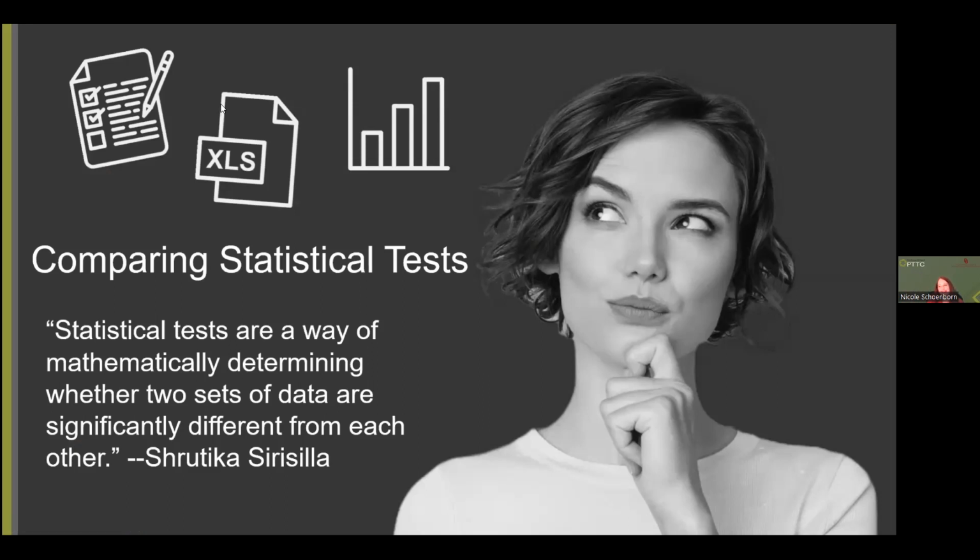So comparing statistical tests, and I thought this was a great quote, they are a way of mathematically determining whether two sets of data are significantly different from each other. So that's really all we're doing today, is we're seeing if they are significantly different from each other. And if they are, then that means what we're doing is working. So that's just a really easy way to think about it, that we're just looking at to see if those differences are significant in a statistical way.